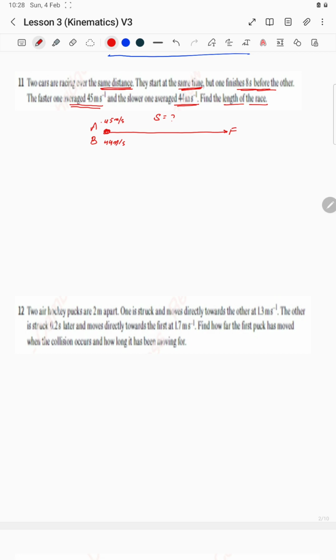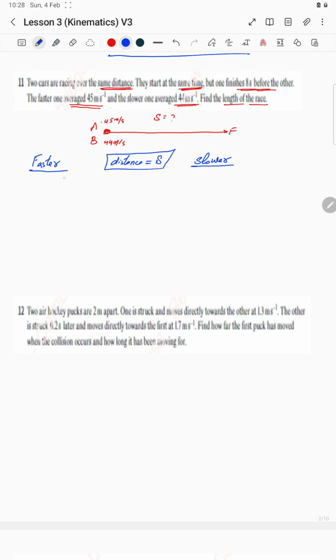So again here, case study of two things, the faster and slower, right? Two cars, one is faster and one is slower, and they cover the same distance. Both have to cover this distance to win the race.